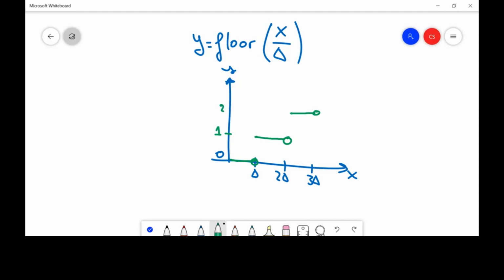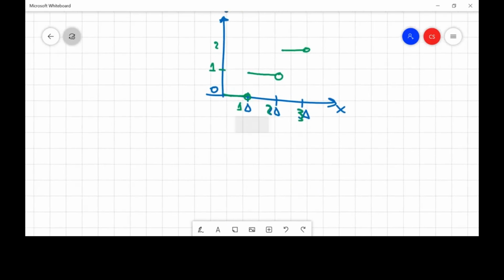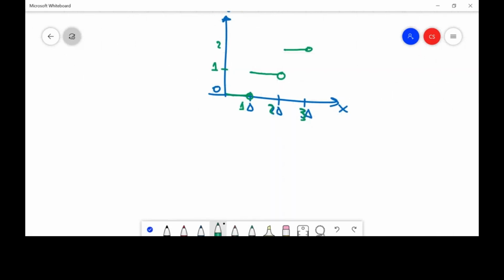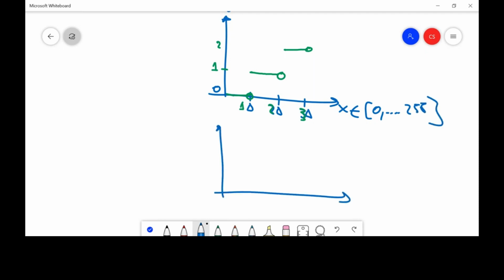So what are the values that I can represent in x? I can represent 1 delta, 2 deltas, 3 deltas. So I'm going in steps of delta. The larger the delta, the less accurate I will be. Actually, if delta is 1, and this x is an integer value between 0 and 255, then it is this line.